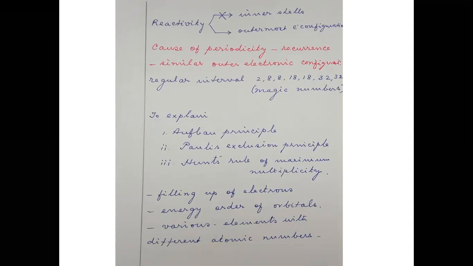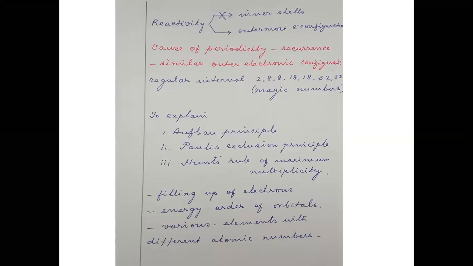And the second important principle you should know is Pauli's exclusion principle, which states that no two electrons residing in the same orbital can have all four quantum numbers the same.